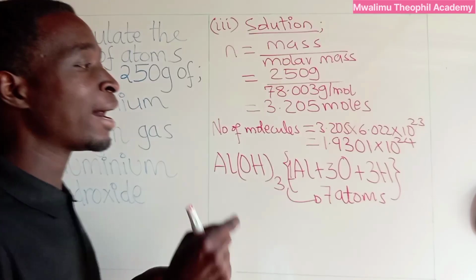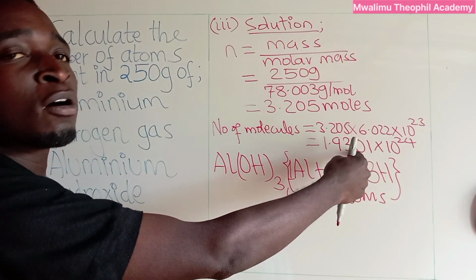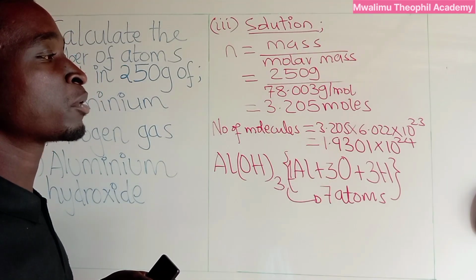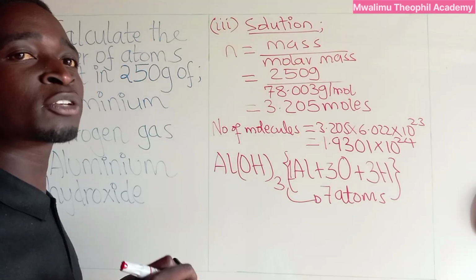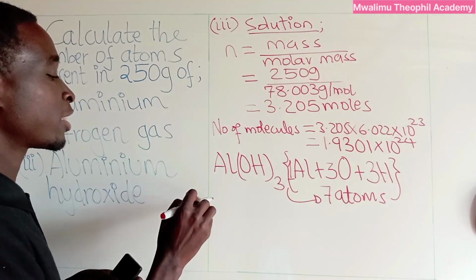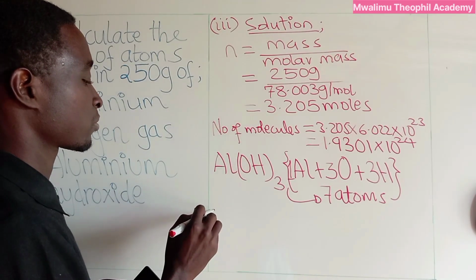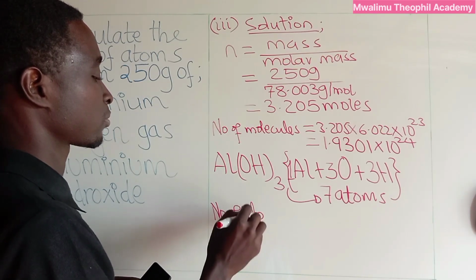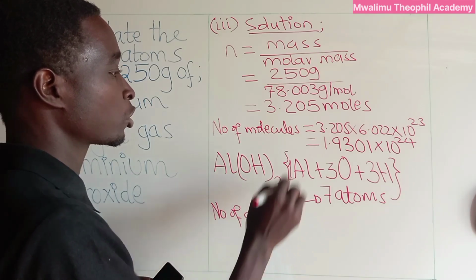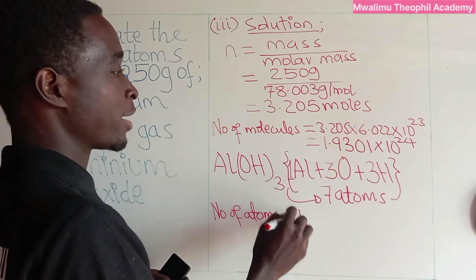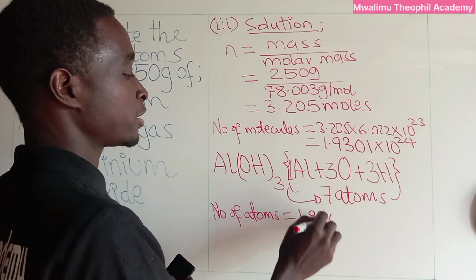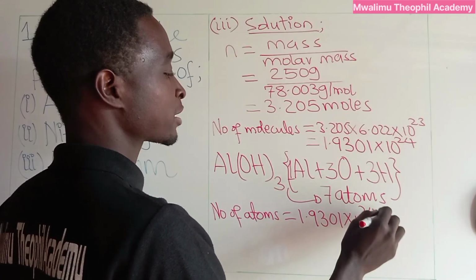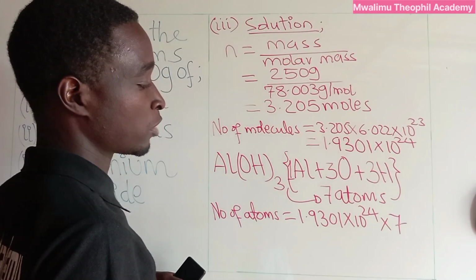So, how many atoms are there in the obtained number of molecules? You have to take that number of molecules of aluminium hydroxide times the number of atoms in each molecule. So, the total number of atoms is equal to the total number of molecules, which is 1.9301 times 10 raised to 24, times 7, which is the number of atoms per molecule.